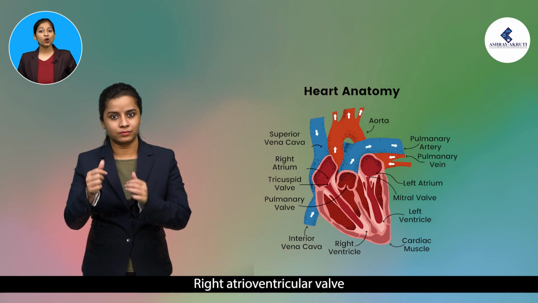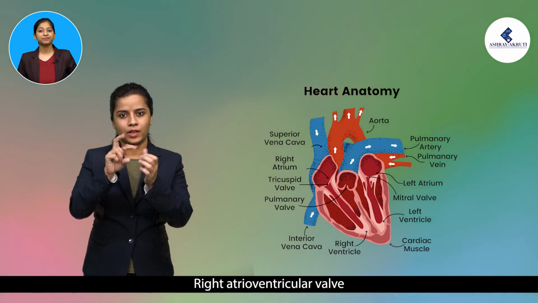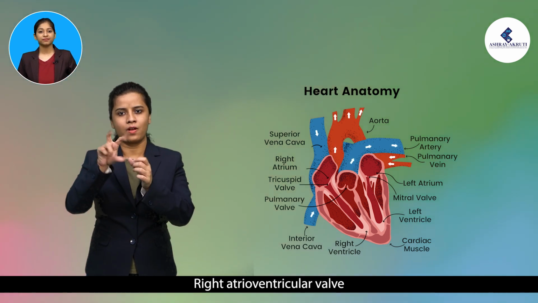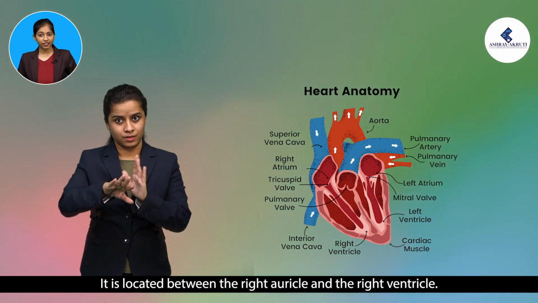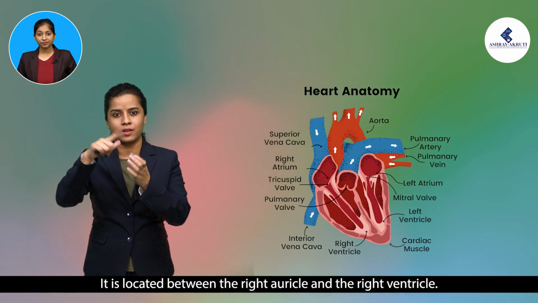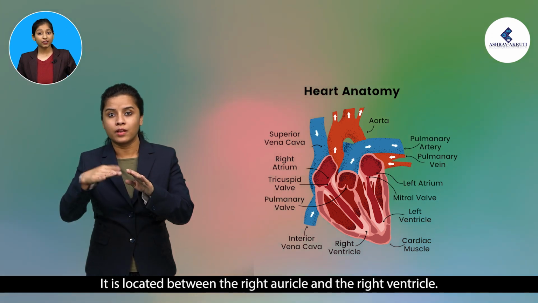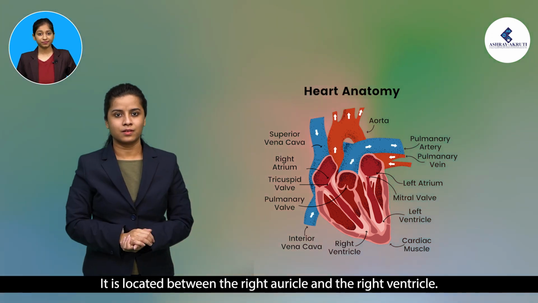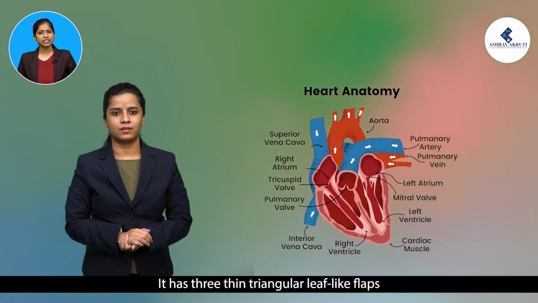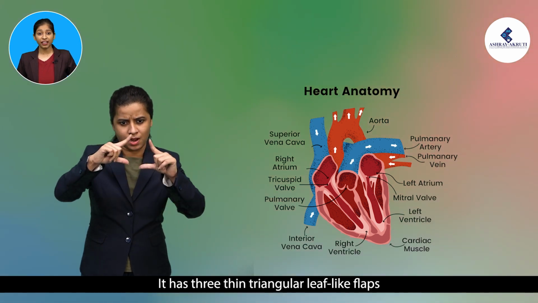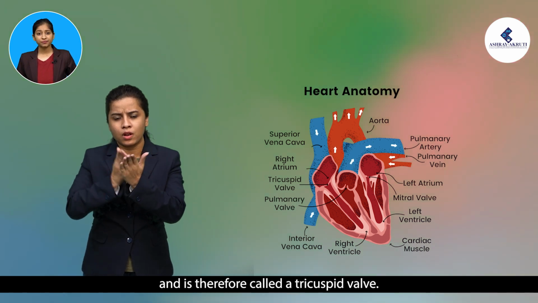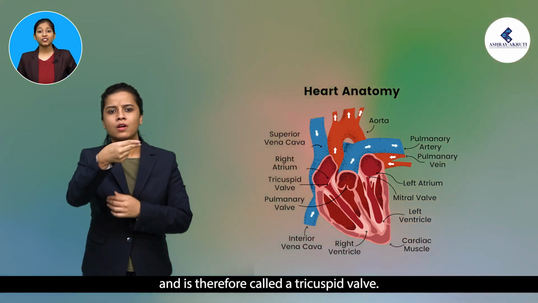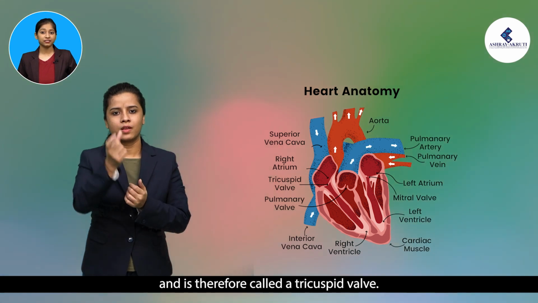Right atrioventricular valve. It is located between the right auricle and the right ventricle. It has 3 thin triangular leaf-like flaps and is therefore called a tricuspid valve.